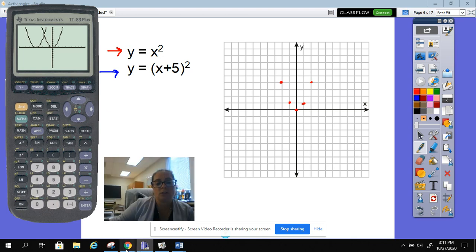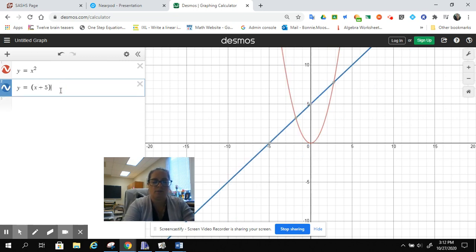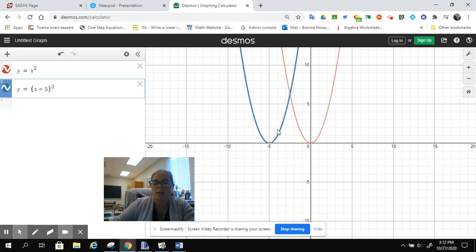If you want to, you can go to Desmos, and you can do the same thing in here. So leave your parent function in, and you're going to type instead parentheses x plus 5 squared. And we can see the blue, and then we can go ahead and notice here is negative 5, 0 now. One block over, which should be at 1, 1, is now at negative 4 and then 1.